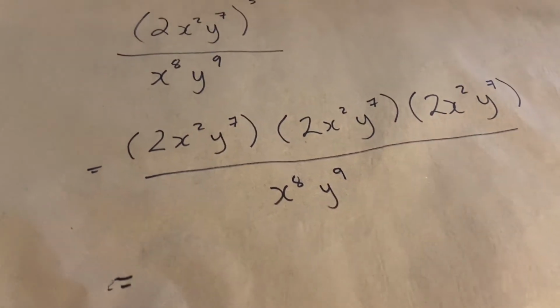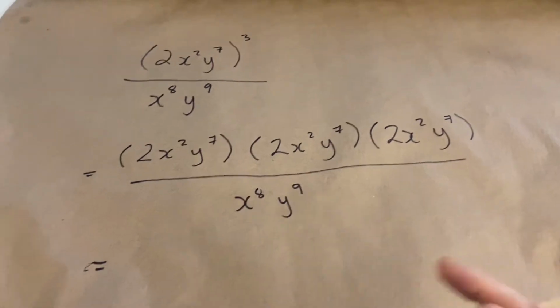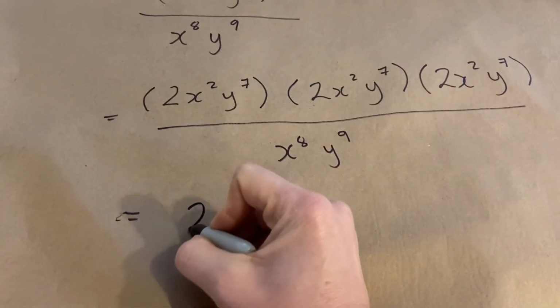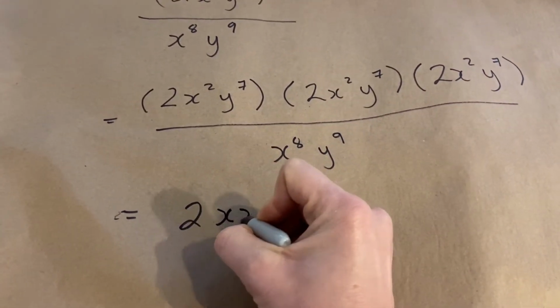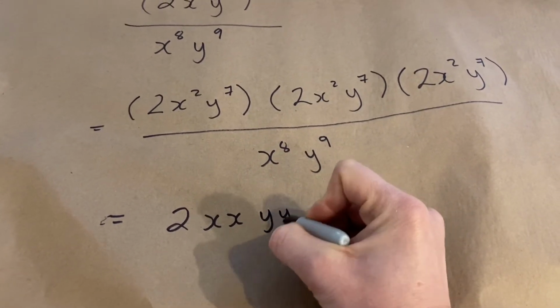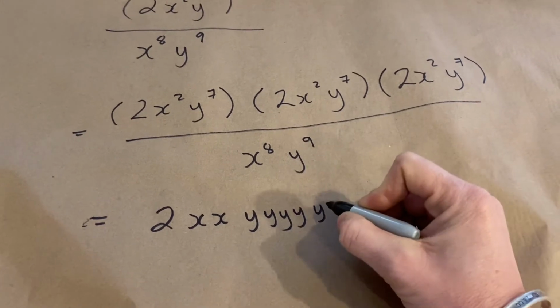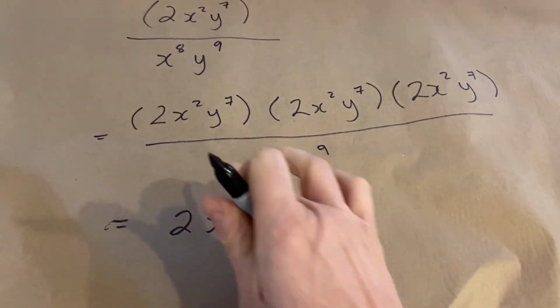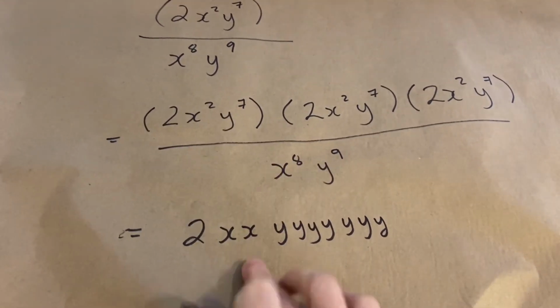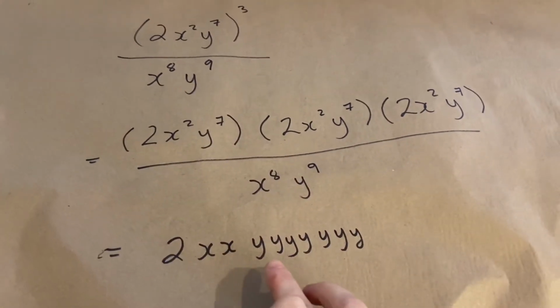Now, what I'm going to do is make the top a lot longer. So I'm going to have 2, x, x, and y 7 times, because it's x to the exponent 2 and y to the exponent 7: 1, 2, 3, 4, 5, 6, 7.